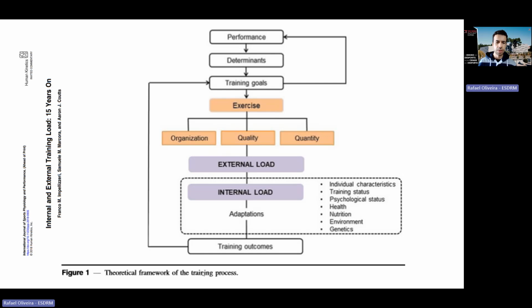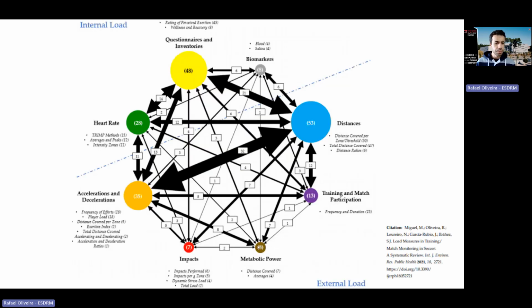So, of course, during this load monitoring, we conducted a systematic review some years ago, in 2021, basically to check how many studies used and what kind of metrics they used.